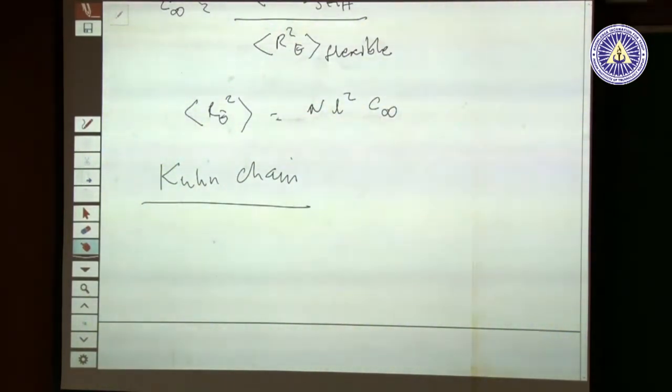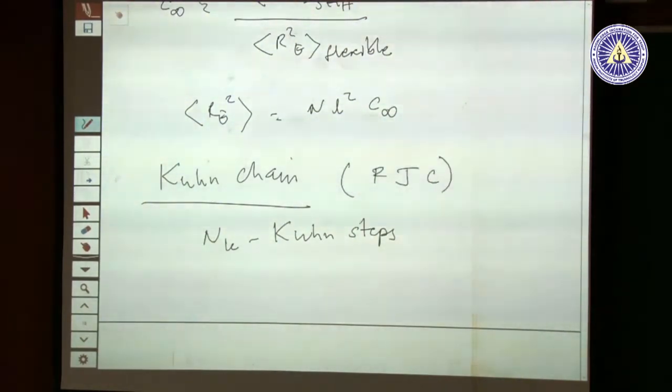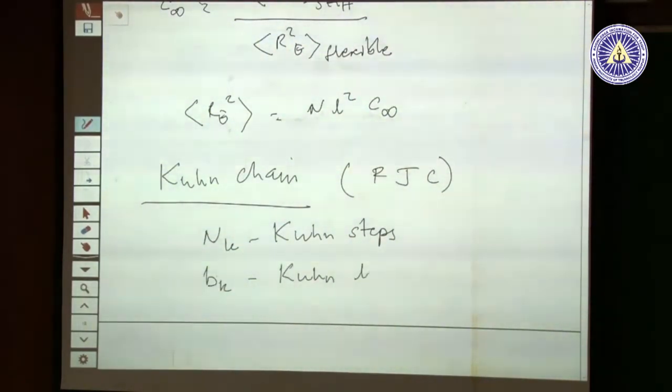So that helps us define something called a Kuhn chain, which has nk Kuhn steps, and this is a freely jointed chain, where each step has a length of bk.